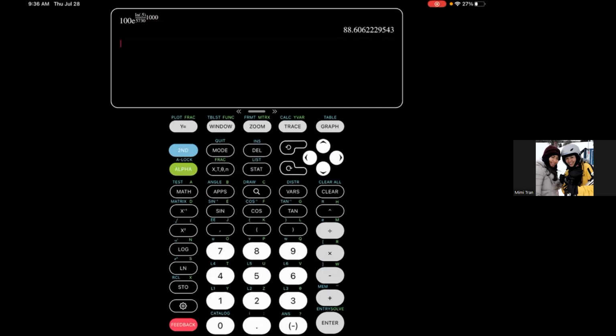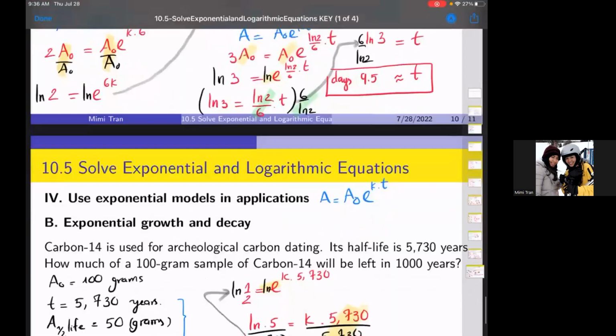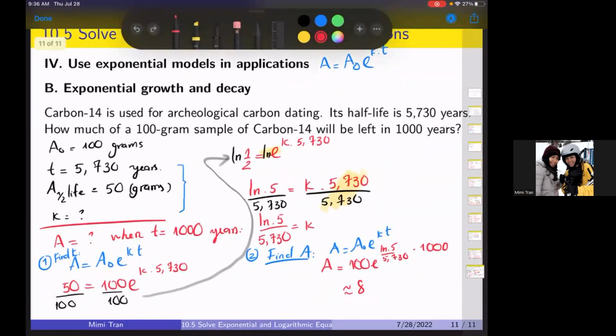Something's wrong. Hang on. Oh no, nothing's wrong. It makes sense. I was thinking 10,000 years, but it's only 1,000 years. Okay, it makes sense. 88.61 grams.